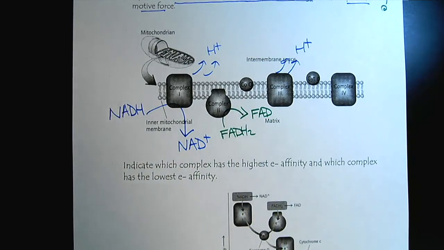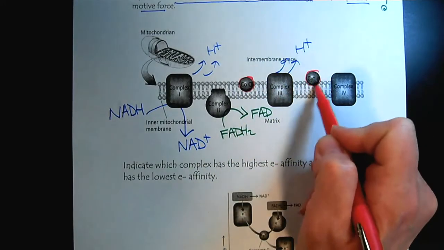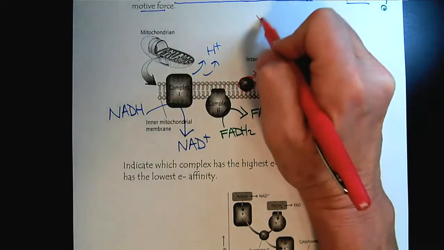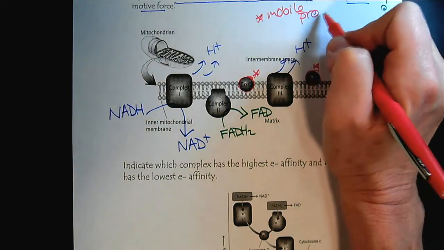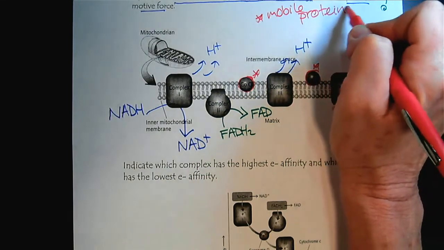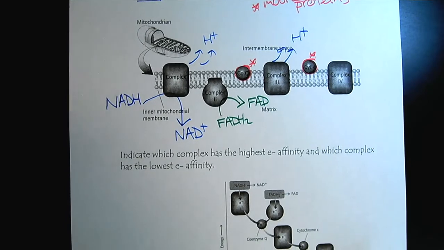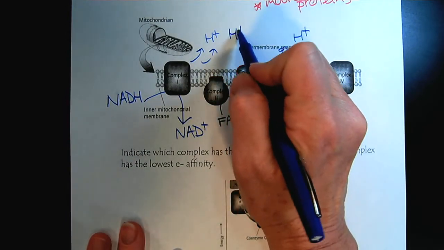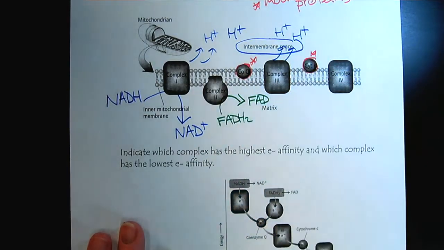So we have coenzyme Q and cytochrome C. So these are the mobile proteins that will help to facilitate the transfer of electrons through the chain. Alrighty. And notice that what's happening then is the protons are being pumped into the intermembrane space.